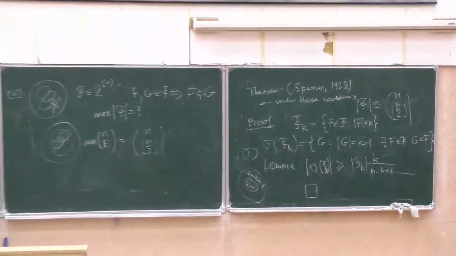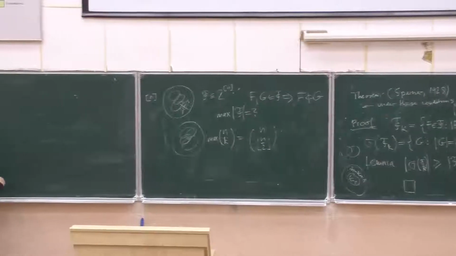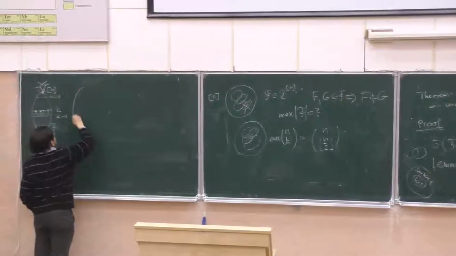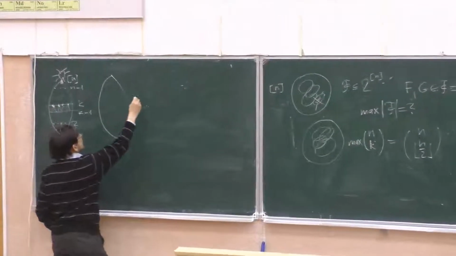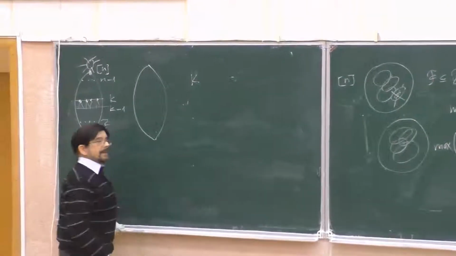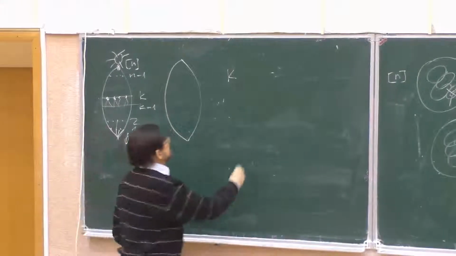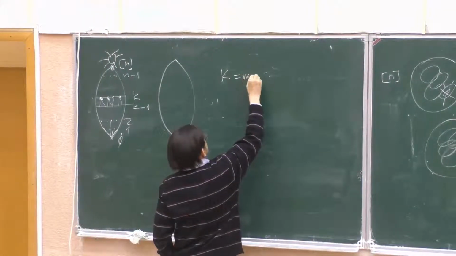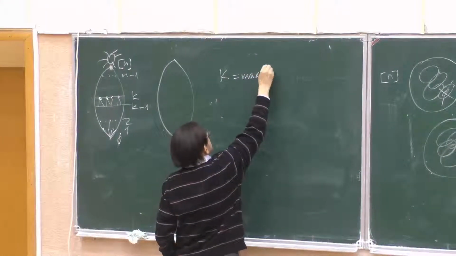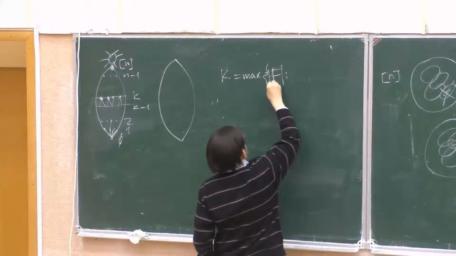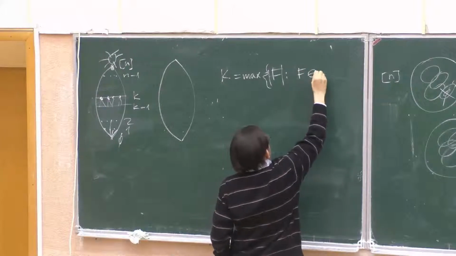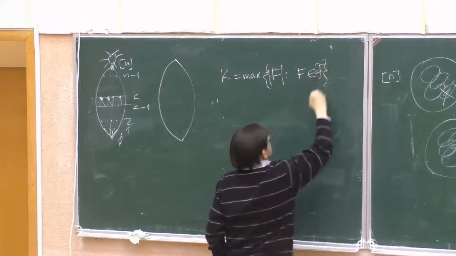So Sperner's idea was that, let capital K be the maximum size in the family.